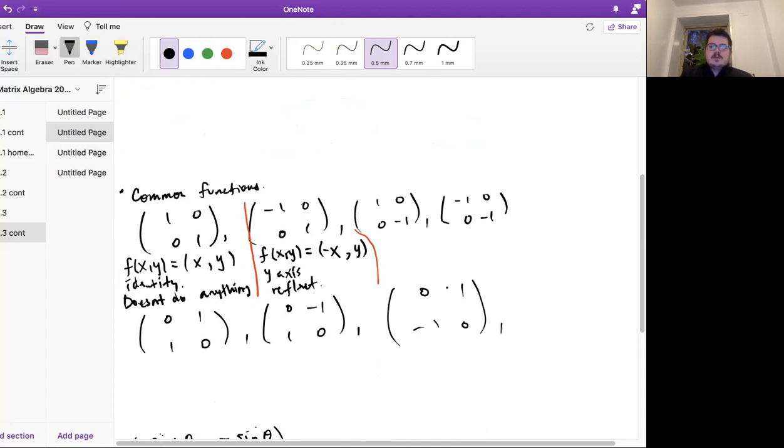Okay, how about this next one? Sorry, I didn't give myself much space. F of xy equals, which one was this? X, negative y. Yes, and this is an x-axis reflection.